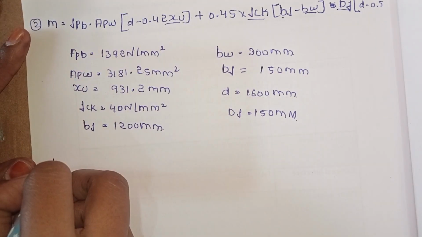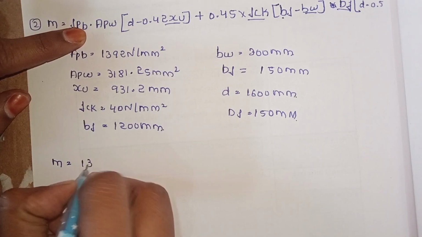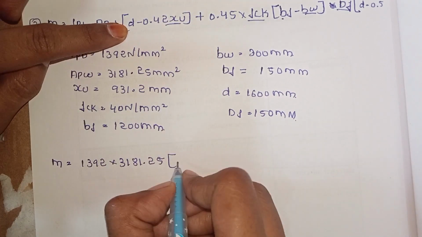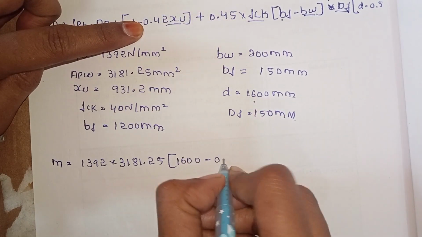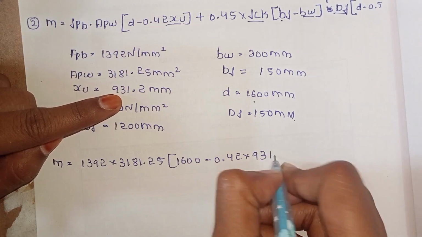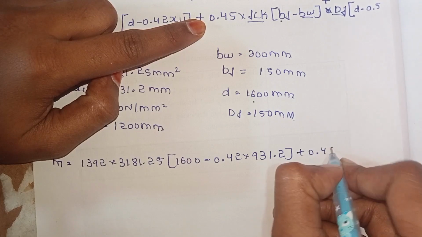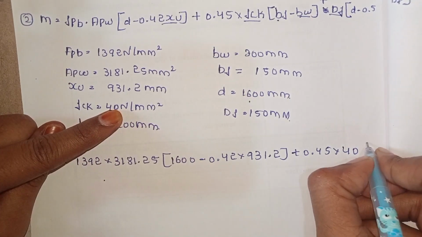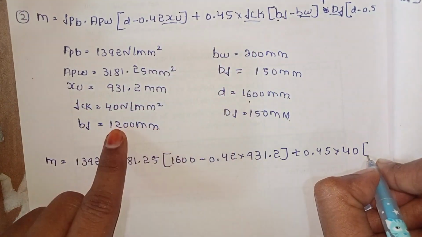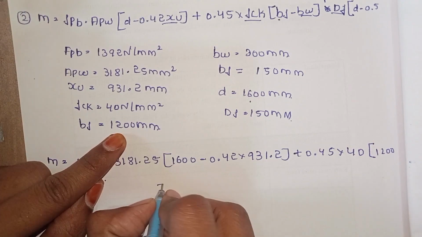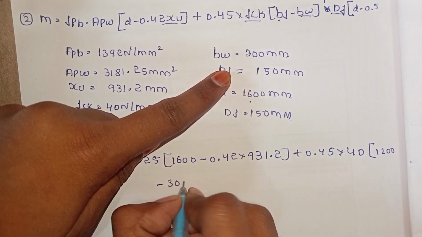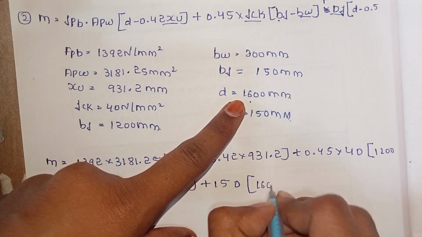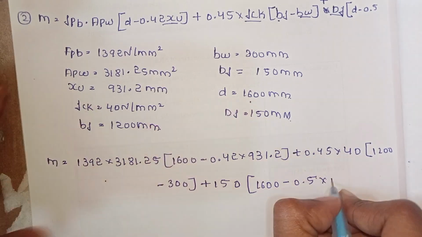So now M equals FPB 1392 into APW 3181.25, bracket close, D equals 1600 minus 0.42 into XU value 931.2, plus 0.45 into FCK value 40, bracket open, next BF value is 1200 minus BW 300 mm, plus DF 150, bracket open, D value 1600 minus 0.5 into 150.